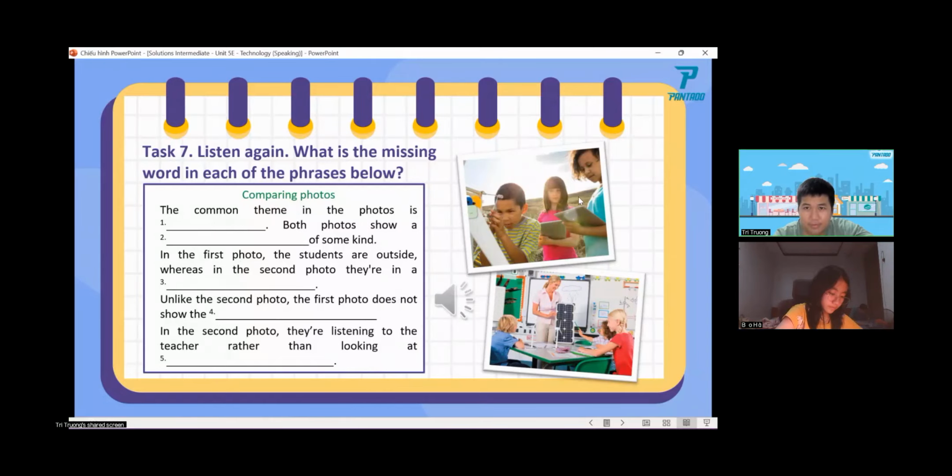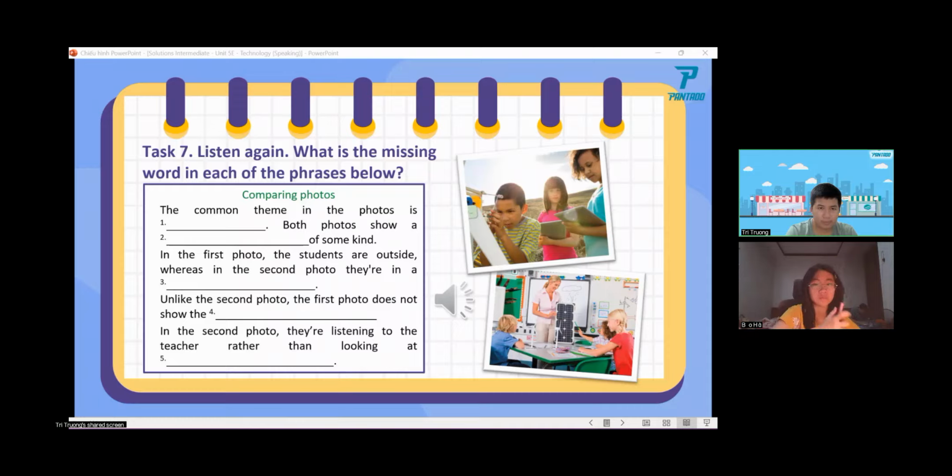Lesson 5G. Exercises 5 and 6. The common theme in the photos is education. Both photos show a lesson of some kind, and in both photos there are 3 students. They look quite young, so they're probably primary school students. In the first photo, the students are outside, whereas in the second photo they're in a classroom. There might be other students in the same classroom, but we can't see them in the photo. It looks like a typical classroom in a primary school.